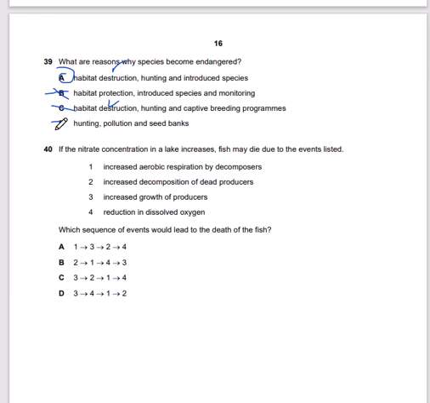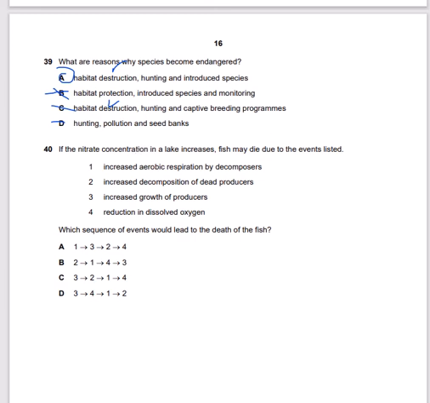If the nitrate concentration in a lake increases, fish may die due to events listed. So that's basically eutrophication. First off, let me read it for you. Increasing aerobic respiration, increasing decomposition, increasing growth of producers, reduction in dissolved oxygen.